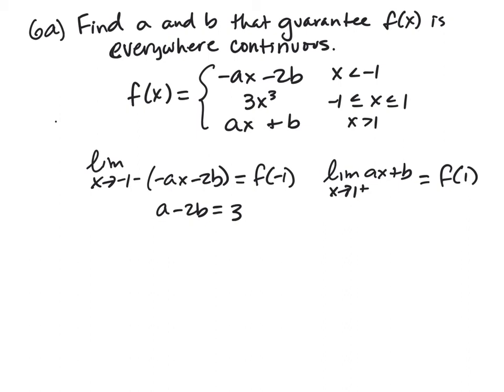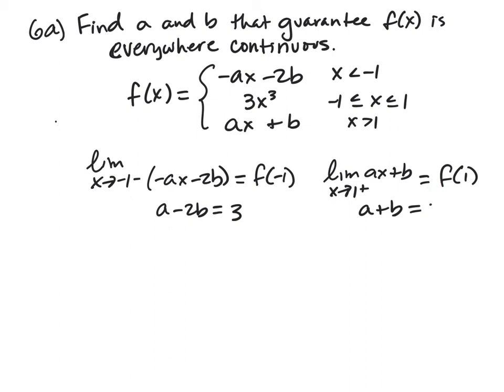All right, and then let's take a look at the limit as x approaches positive 1 from the right. So I'm going to replace this x with 1, and 1 times a is a. So I need a plus b to be equal to f of 1, and f of 1 would be 3 times 1 cubed, which is just equal to 3.